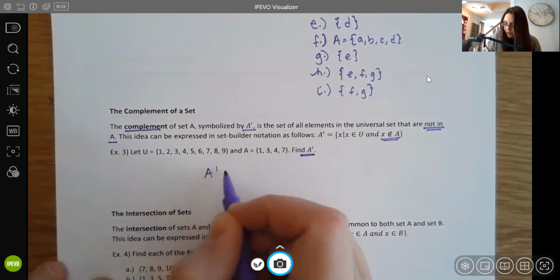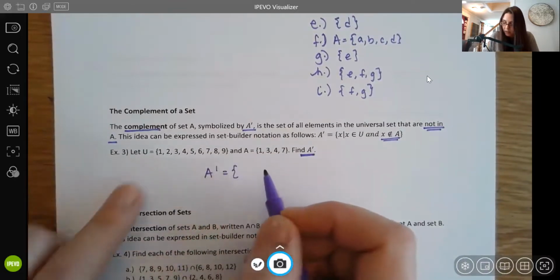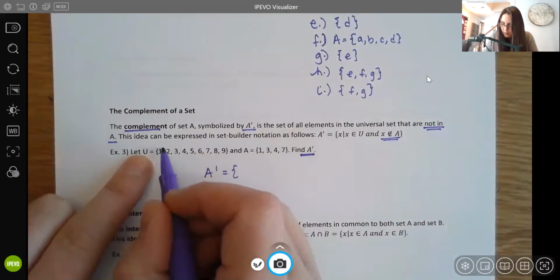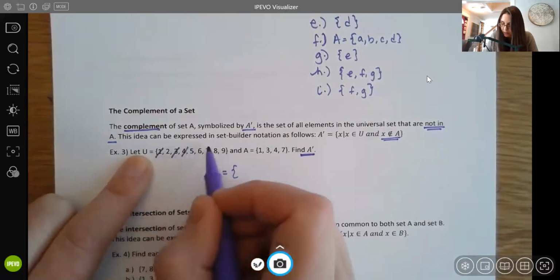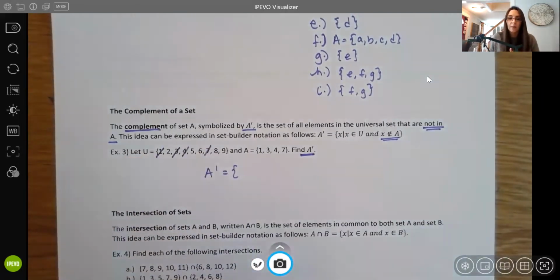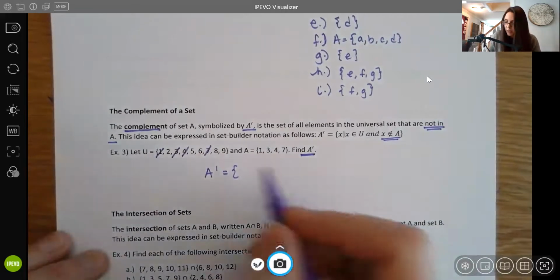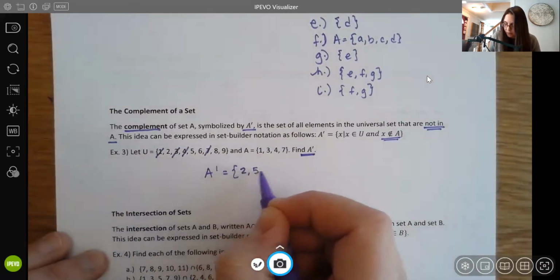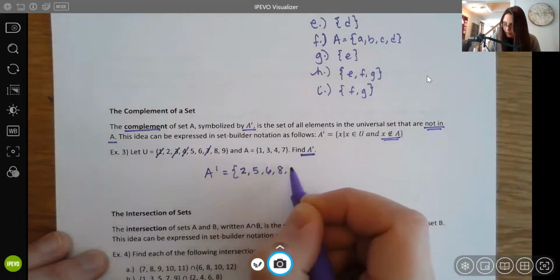The complement of A is everything else. Notice that A has 1, 3, 4, and 7. So I want all the other numbers that are left over that are not in A. So I have 2, 5, 6, 8, and 9.